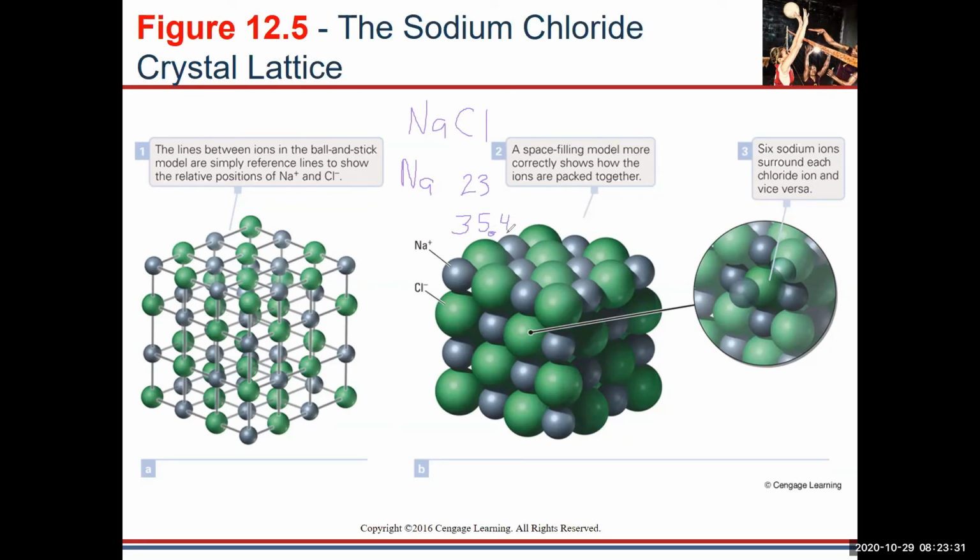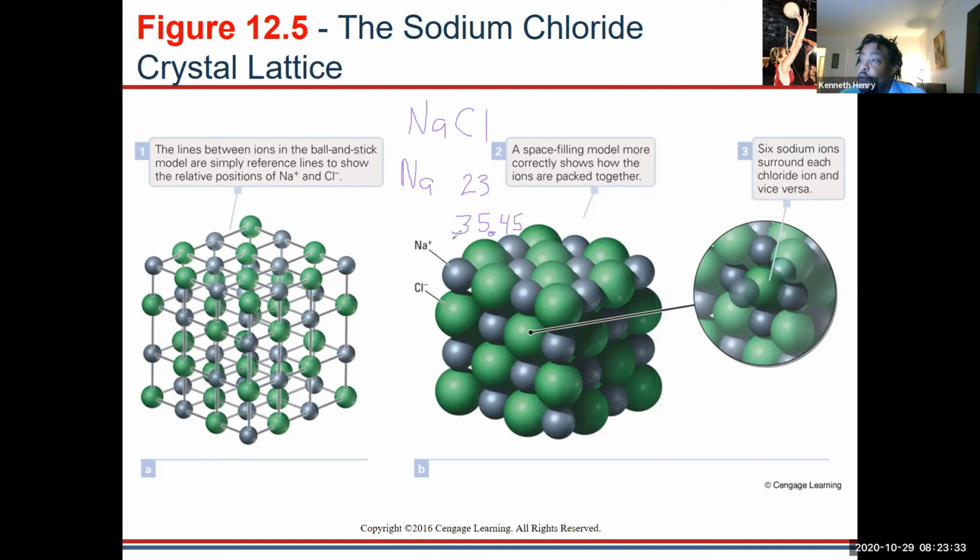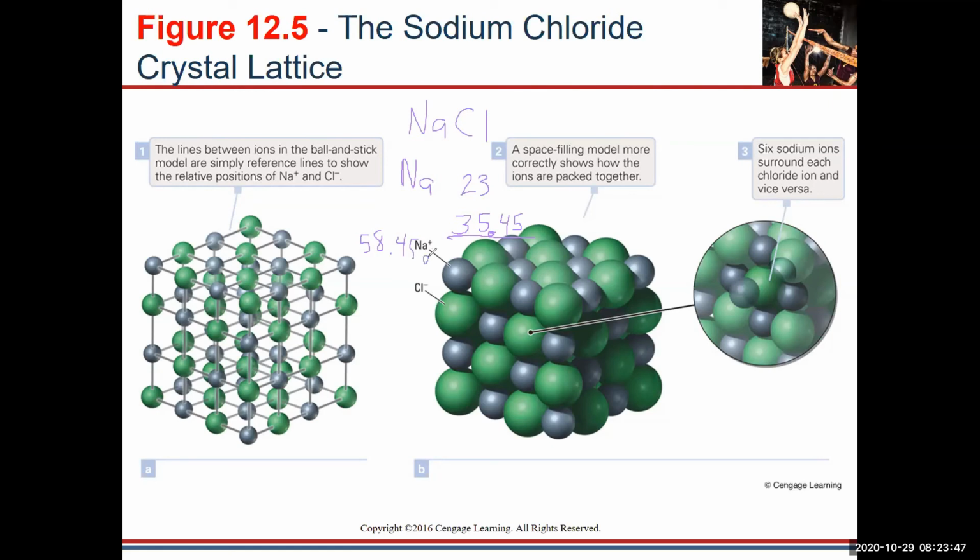We're going to put that 4-5 because it can make a little bit of a difference. So when we add them together, we get 58.45 AMU.